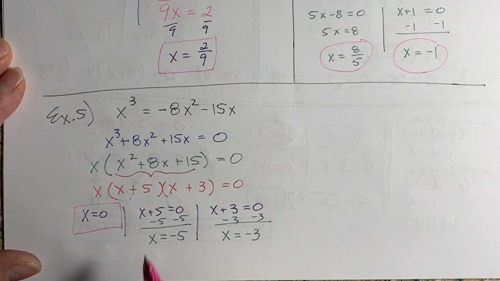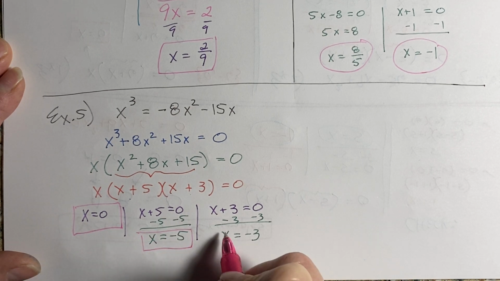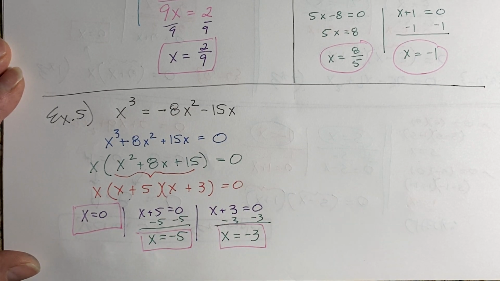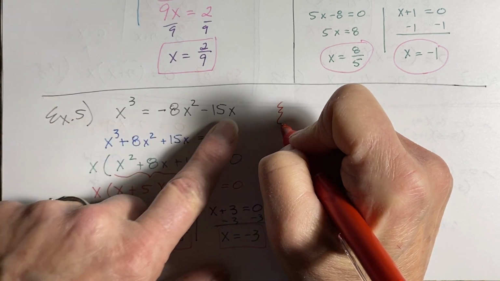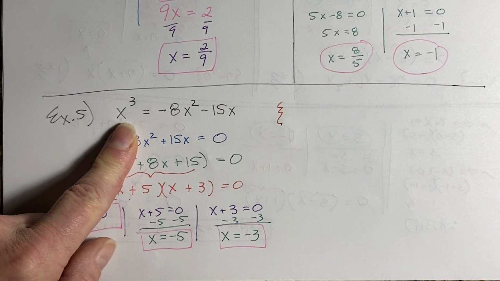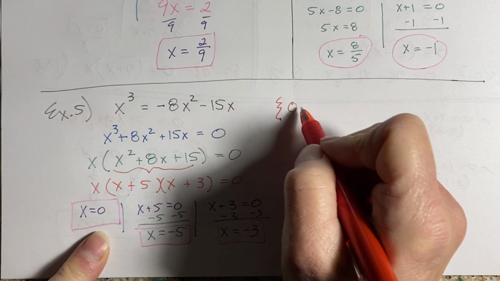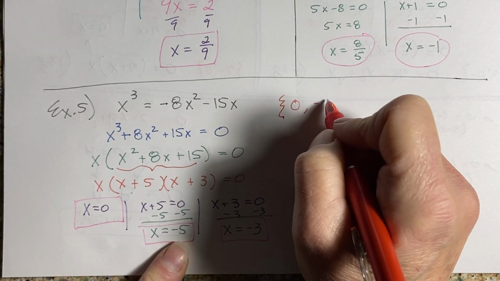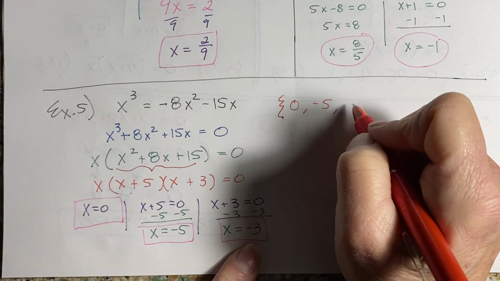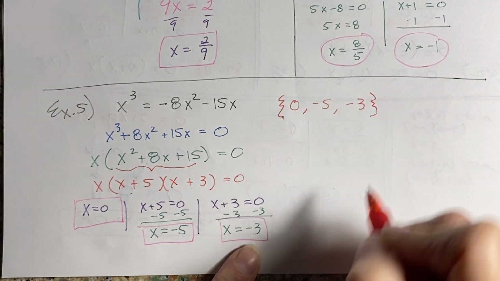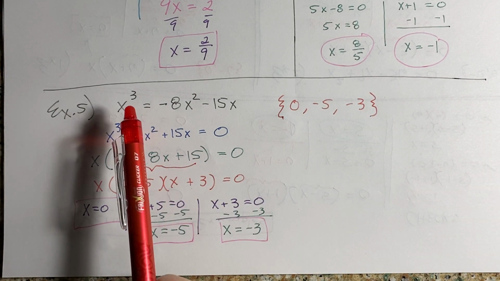So now I have 3 solutions, 0, -5, and -3. 3 solutions for this equation here. 0, -5, or -3. All 3 of those are solutions.